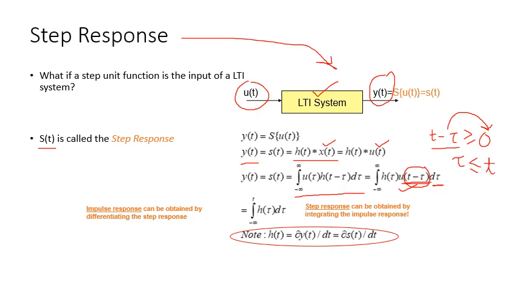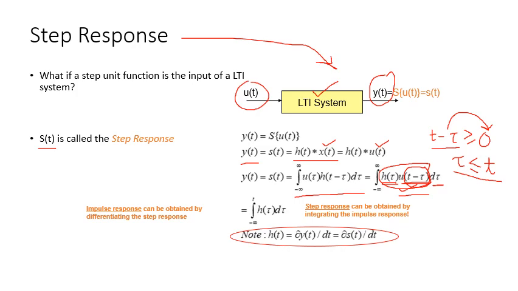So for tau less than or equal to t, the function u(t minus tau) is going to be equal to 1. And if we multiply anything with 1, it remains the same, like x multiplied by 1 gives x only. So the complete function inside the integral will have a value of h(tau) into 1, that is h(tau), when tau is less than or equal to t.